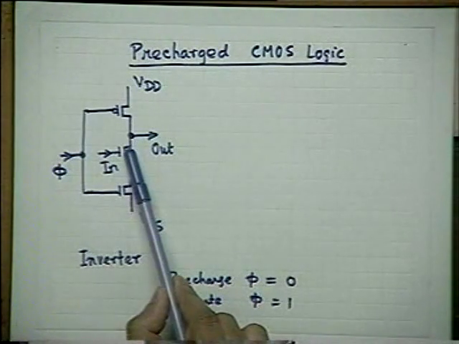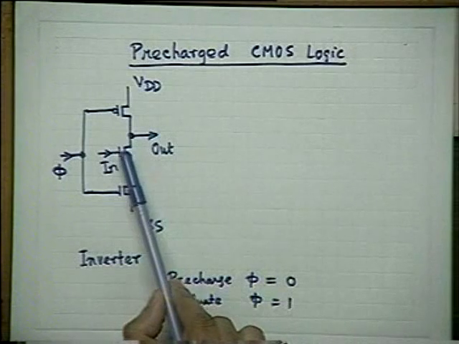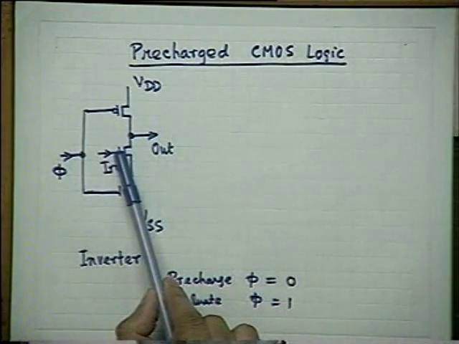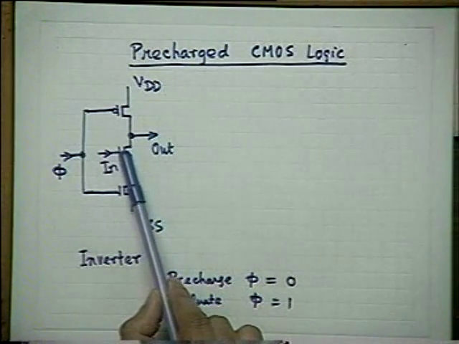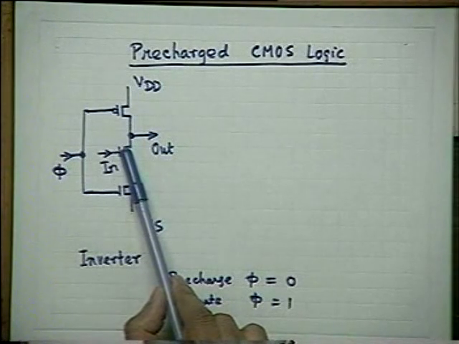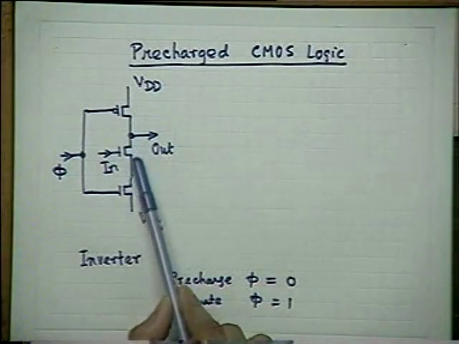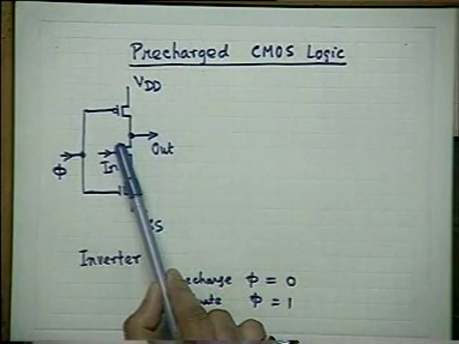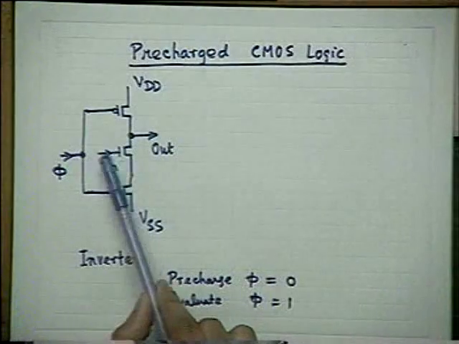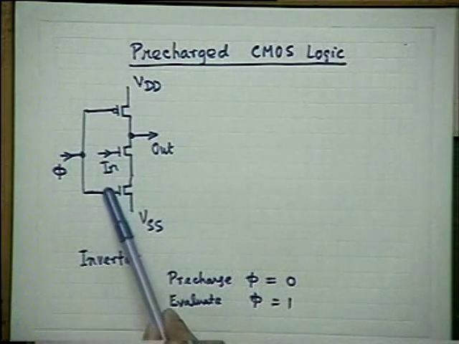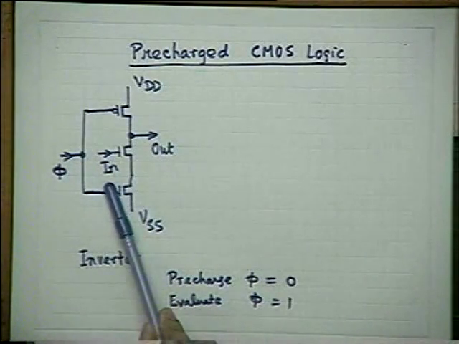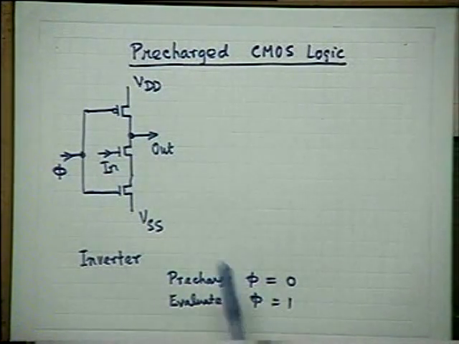In this case, you have allowed sufficient time so that the gate of this transistor has assumed the proper level, either 0 or 1, and this has created a situation to get turned on or off. If it is high, it is turned on, low, it is turned off. But because this transistor remains off during the precharge phase, nothing happened here.